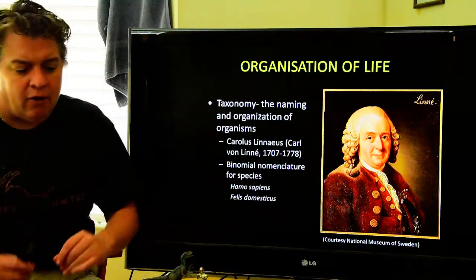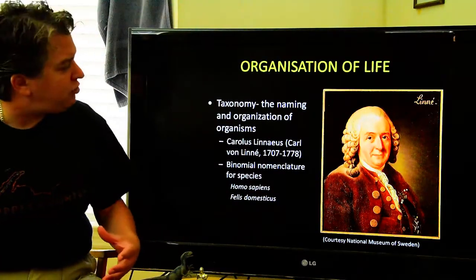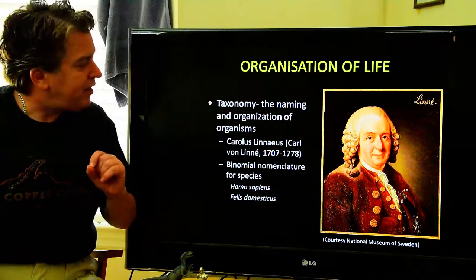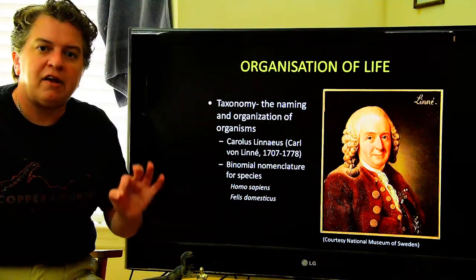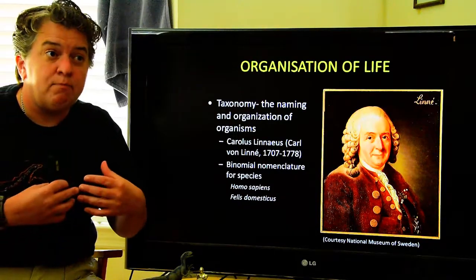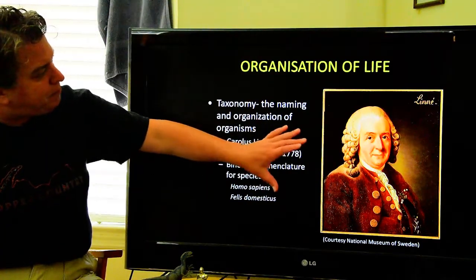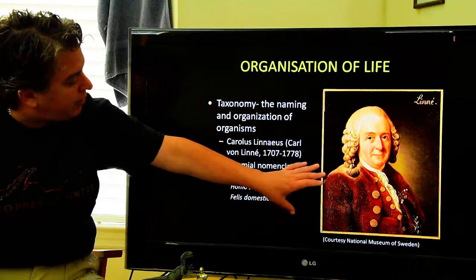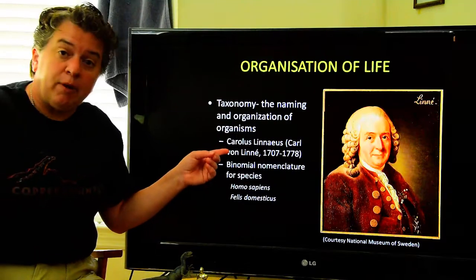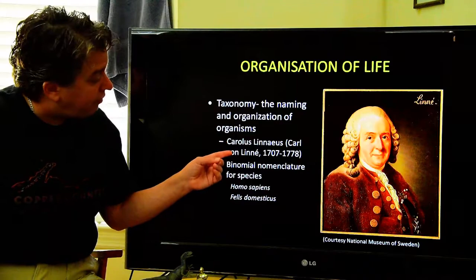Now, before we get into all of that, let's talk a little bit about the study and the organization of life. The science of taxonomy is the naming and organization of organisms. The method we use to organize life was first presented by Carolus Linnaeus, Carl von Linné, but remember this is back in the time when you Latinized your name if you were a scholar.